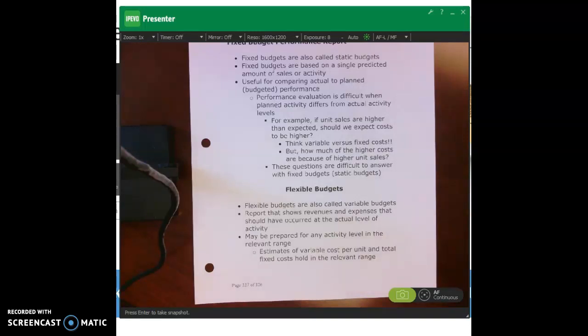Now we can compare our materials costs, our labor costs, our variable overhead, as well as our fixed expenses. And now it makes sense to compare those two because they're on the same level of units, right?